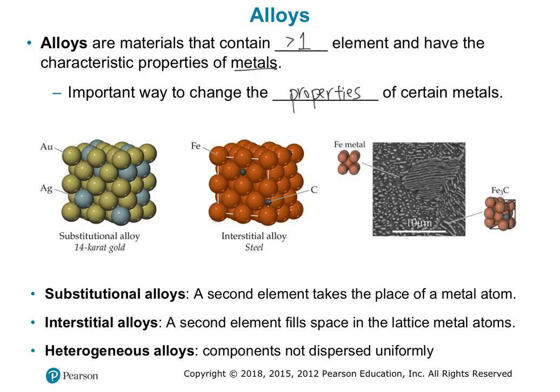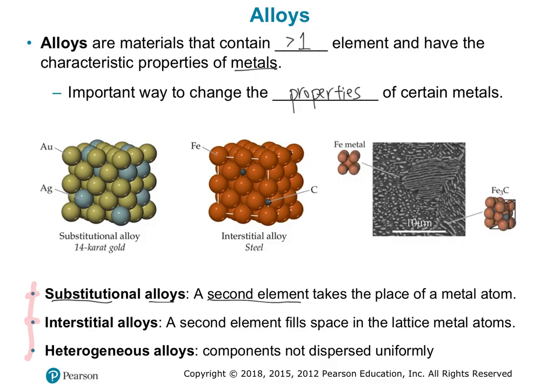There are 3 different types of alloys, specifically talking about substitutional and interstitial. Starting with substitutional alloys, if we think about what the word substitute means, it means to take the place of. And so that's what happens. It's where another element will take the place of one of the metal atoms.